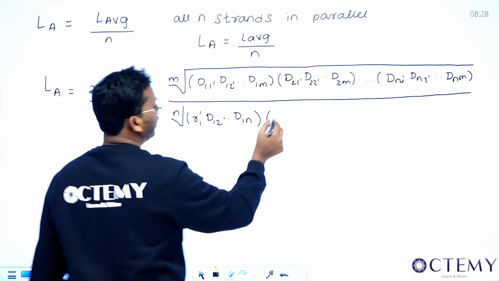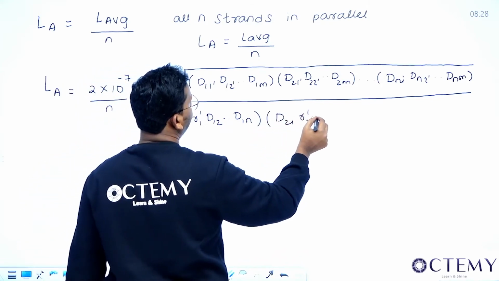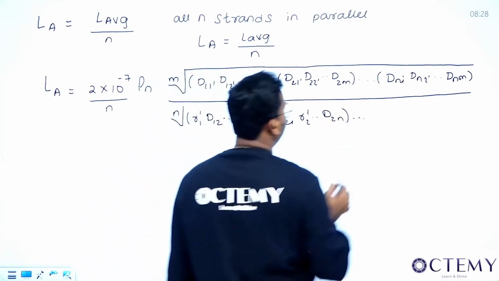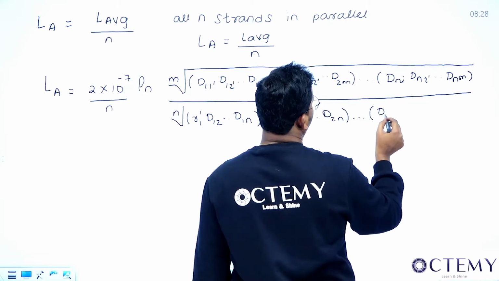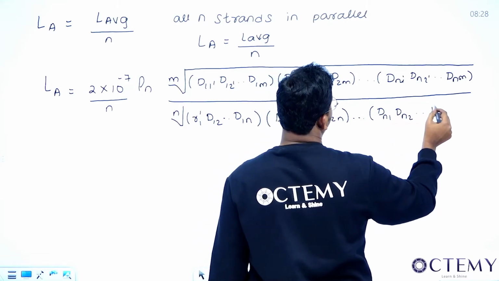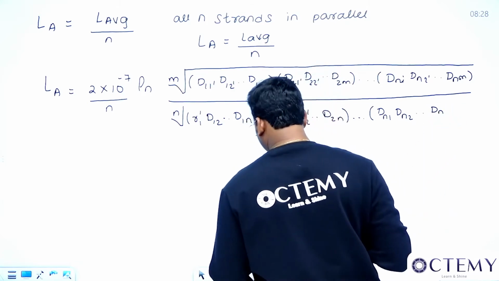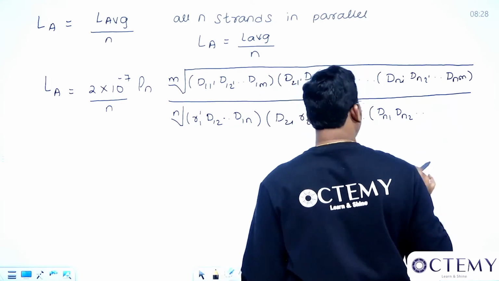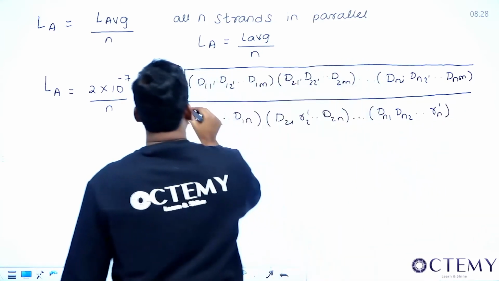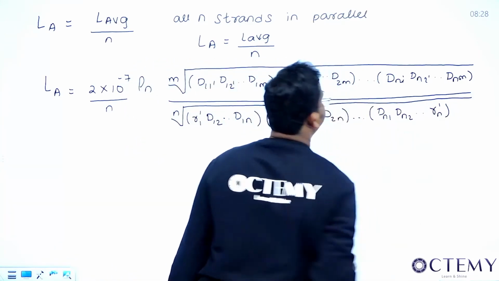Similarly, distance between 2 and 1, r2 dash, and then so on, distance between 2 and n, and then so on, distance between n and 1, distance between n and 2, and then so on, distance between n and n dash, that is rn dash. This is my denominator terms. I just simply multiplied whatever I got here.